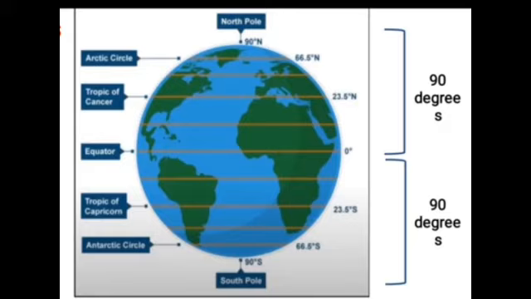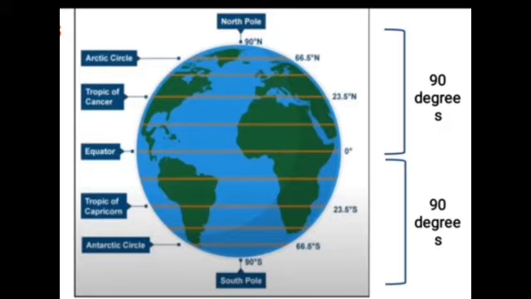And one more thing, have you observed, children? The Tropic of Capricorn lies in the southern hemisphere. It is the same latitude, 23.5, but it is a south latitude. And the Antarctic Circle is 66.5 degrees, the same latitude, but it is in the south.